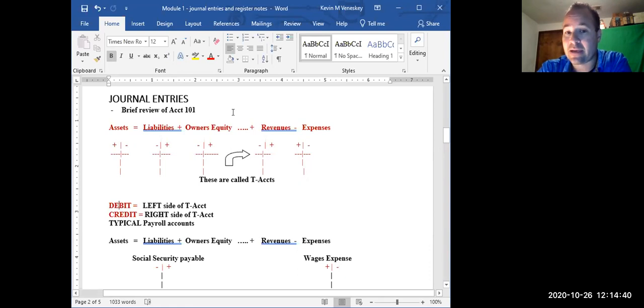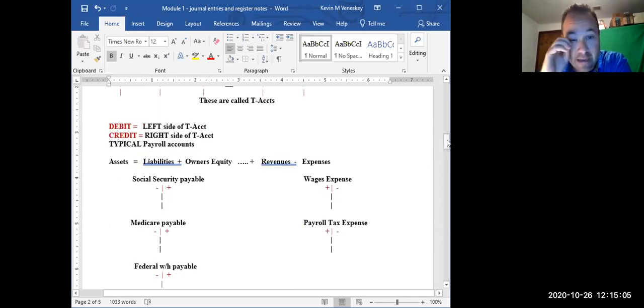And the owner's equity is a minus, and the revenue is a minus. But the expenses are back again, plus. The easiest way to remember it is the two ends, assets and the expenses, are both plus minus. Everything in the middle is minus plus. Easiest way to remember those when we're looking at which side of the account is a plus or a minus.